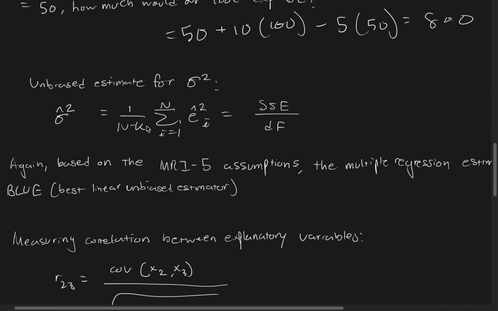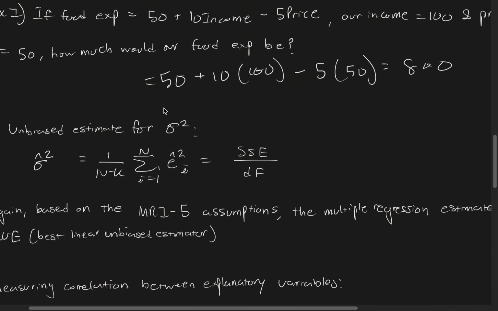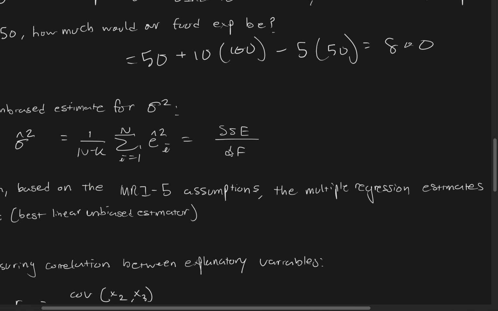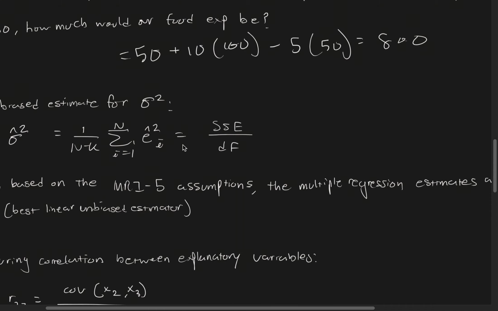Our unbiased estimate for the variance is the sum of squared errors divided by the degrees of freedom. What distinguishes this from the simple linear regression is that when we're finding the degrees of freedom by subtracting from the sample size, we need to remember that k here is more than 1.